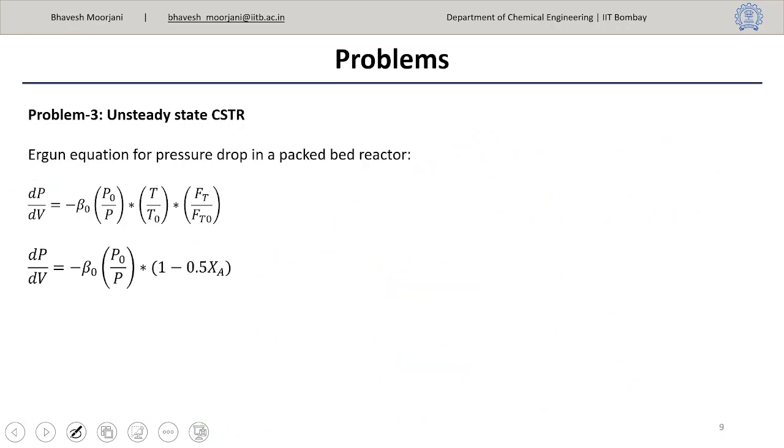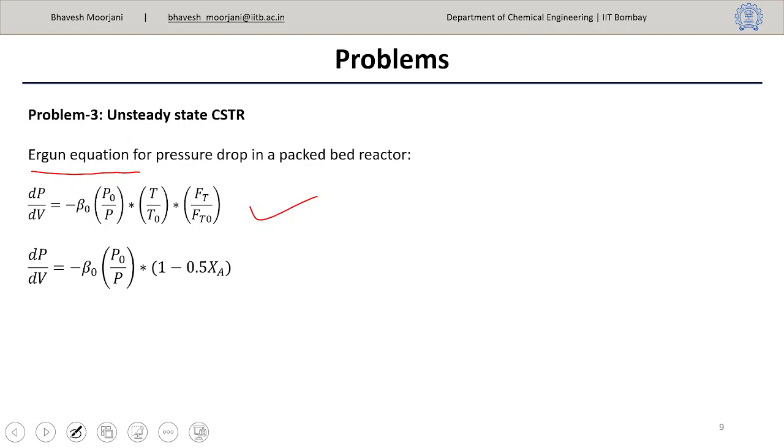So for a packed bed reactor, the Ergun equation is used to find the pressure drop in the packed bed reactor, and that equation is given as change in value of P with respect to change in the volume V, dP by dV, as a ratio of your pressure ratio, temperature ratio, and the flow ratio.